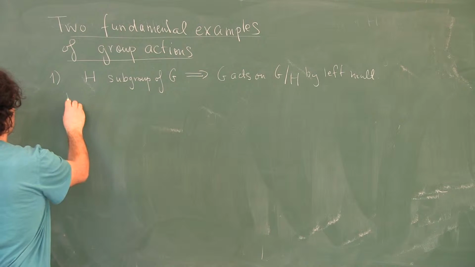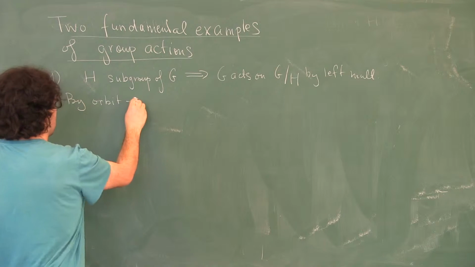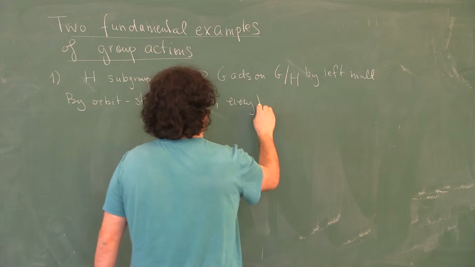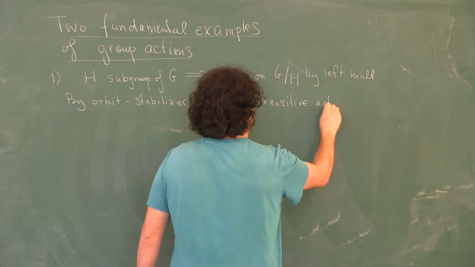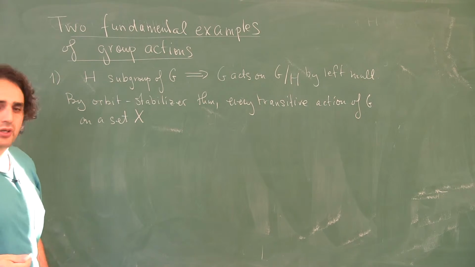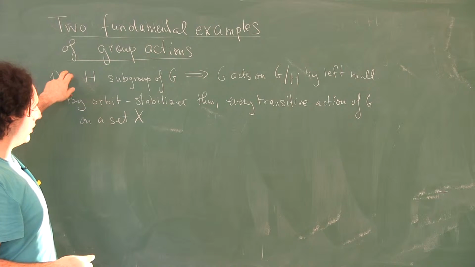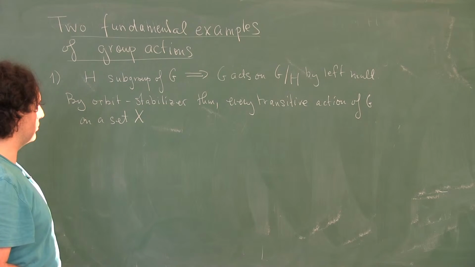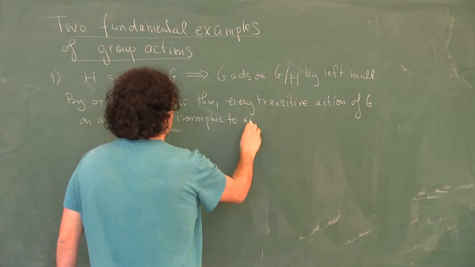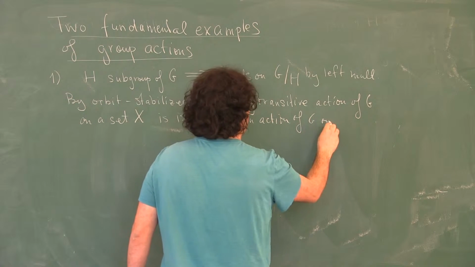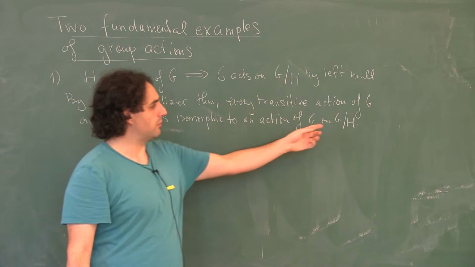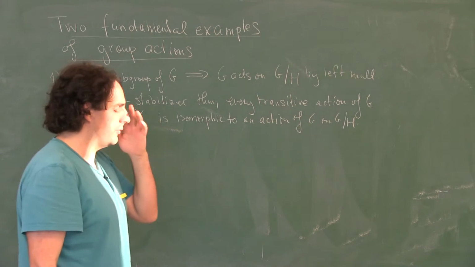One reason is that by the orbit stabilizer theorem, every transitive action of G on a set X is actually isomorphic to an action of the form in example 1, of G acting on the quotient by a subgroup, an action of G on G mod H. Specifically, if G is acting transitively on X, then as we saw in the orbit stabilizer theorem, we will take H to be the stabilizer of any point in X.